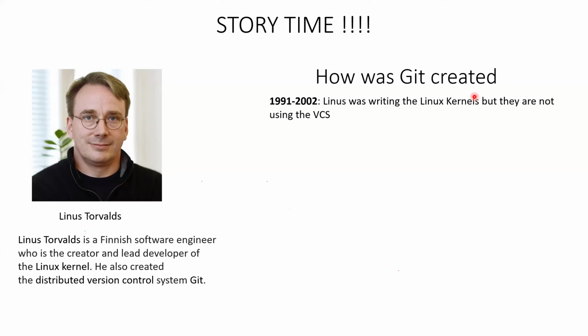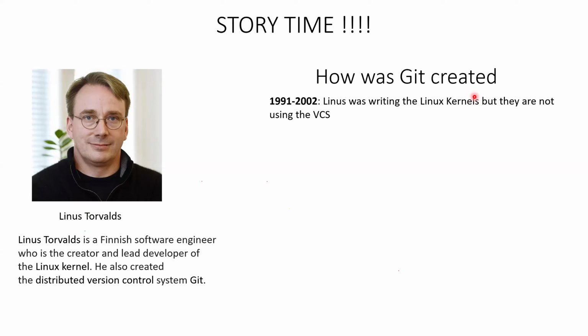Linux is open source. For Windows you have to pay Microsoft, and for Mac you have to pay Apple to use their operating system. But for using the Linux operating system, you need not pay anyone. It is completely open source, free of cost.